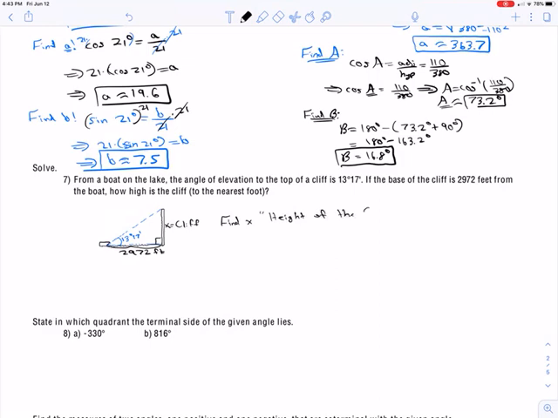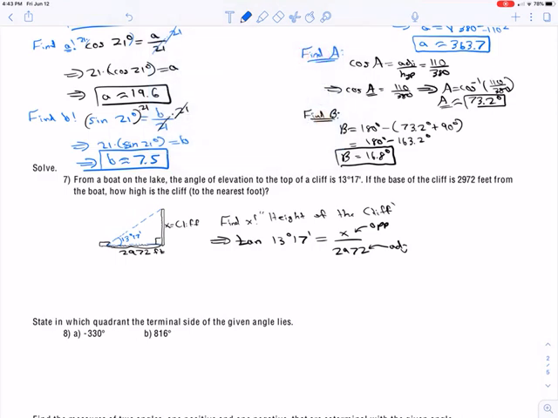And to do that, we know we can use the tangent function. So find X implies tangent. The tangent of 13 degrees, 17 minutes would equal opposite over adjacent.